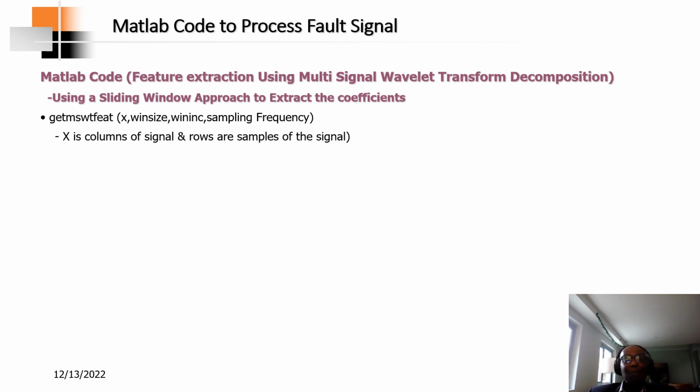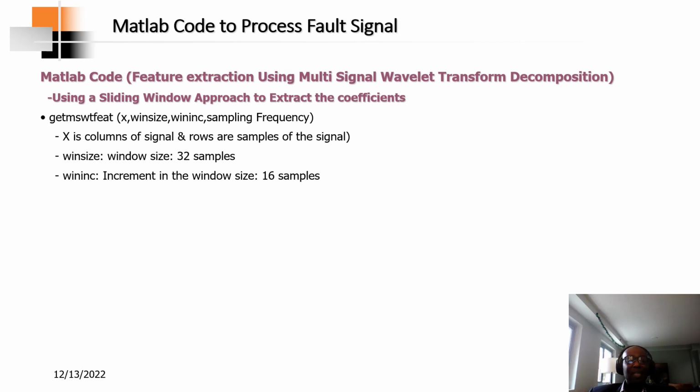So now let's talk about the MATLAB code to process the fault signal. I wrote a MATLAB code to process the fault signal, and this is what the feature extraction part of the code looks like. X is the signal.